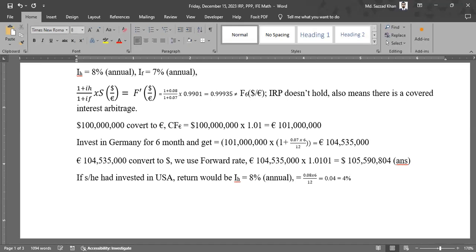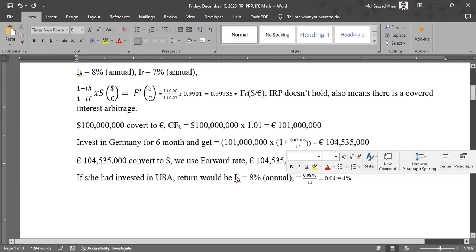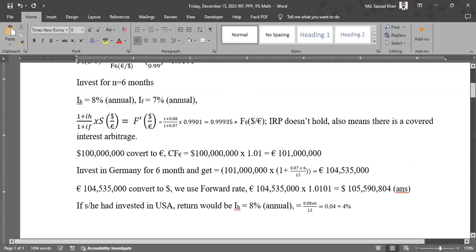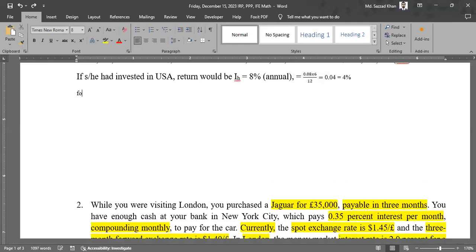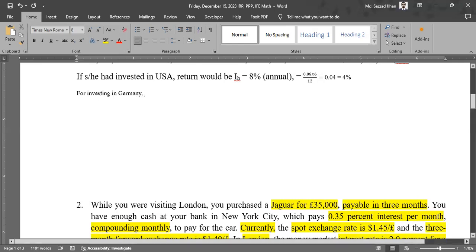For investing in Germany, how much would he generate?